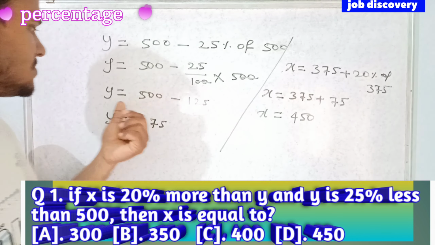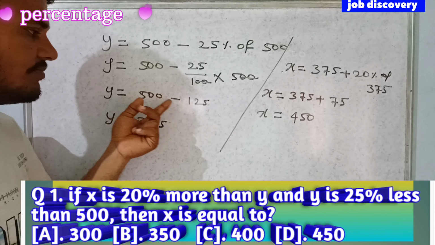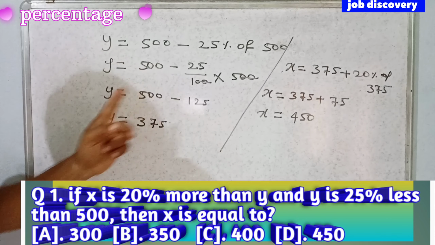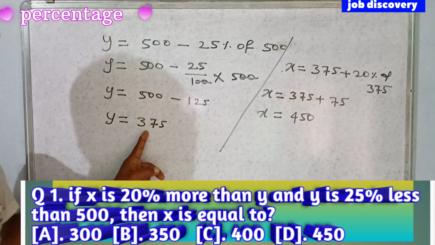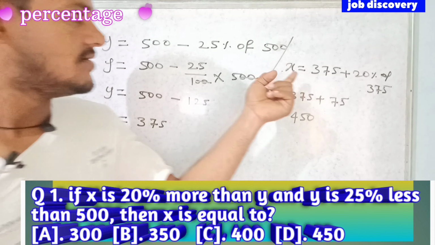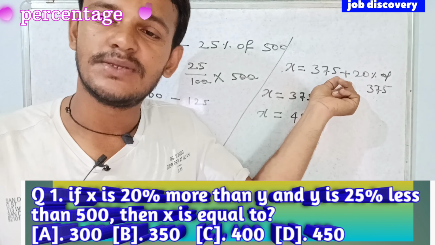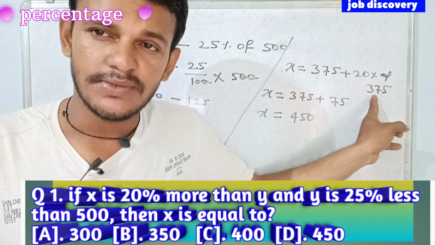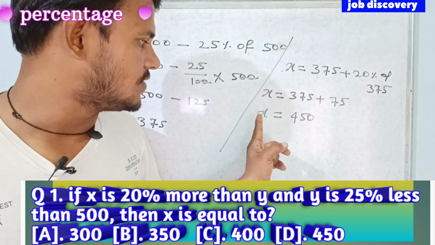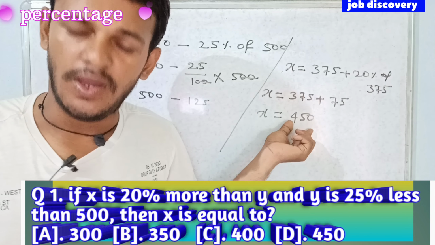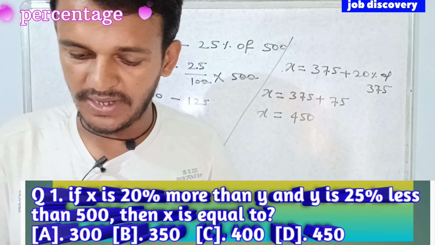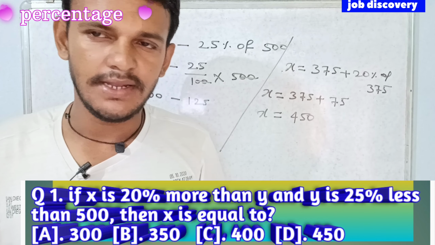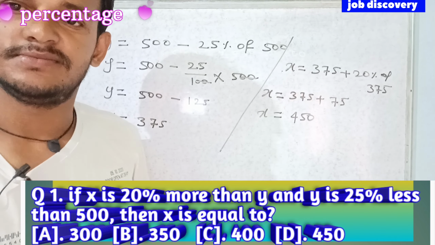So y is equal to 500 minus 125. So y is equal to 375. Now x is 375 plus 20% of 375. So x is equal to 450. So our answer is 450, means option D is the correct answer. Move to next question.